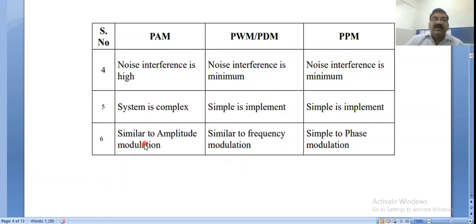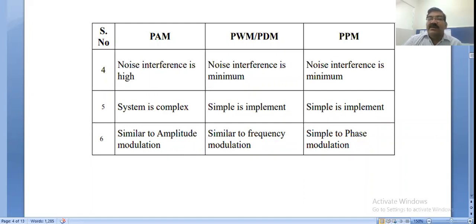Then the last point. The concept of pulse amplitude modulation is similar to amplitude modulation. Pulse width modulation is similar to frequency modulation, and pulse position modulation is similar to phase modulation. So these modulations in analog systems are the reference for this.